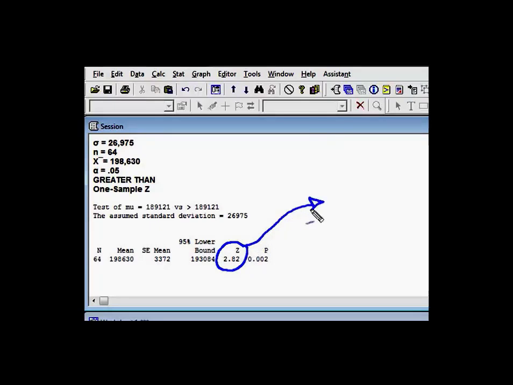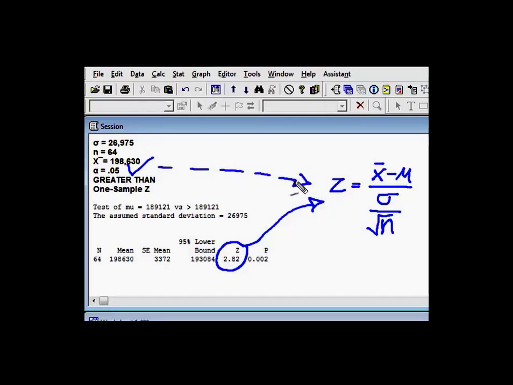So some of your lessons will say calculate a test statistic, and what I know is that z has been found by taking x bar minus mu divided by standard deviation divided by the square root of n. So if you plug all these numbers over here into this formula over here, you're going to come up with 2.82, or you're just going to plug this stuff into Minitab.